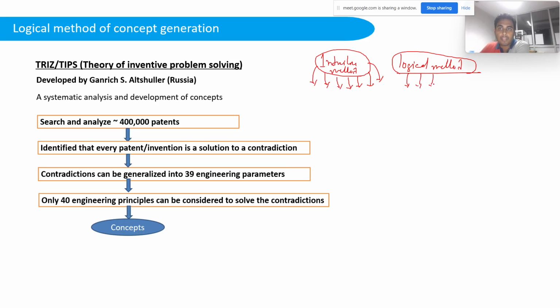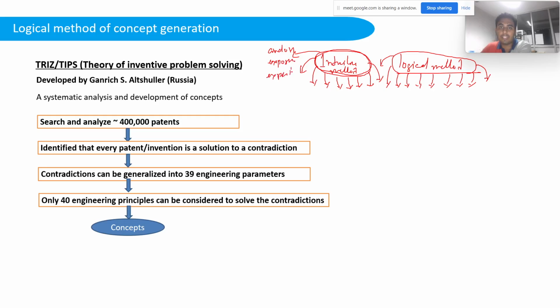But the way these ideas are generated, there is no proper logical explanation, because it's more like intuition. How a particular participant comes up with a particular concept is always based on his previous experience, what he has seen in nature, or what he thinks by the process of analogy or any sort of exposure, his prior experience.